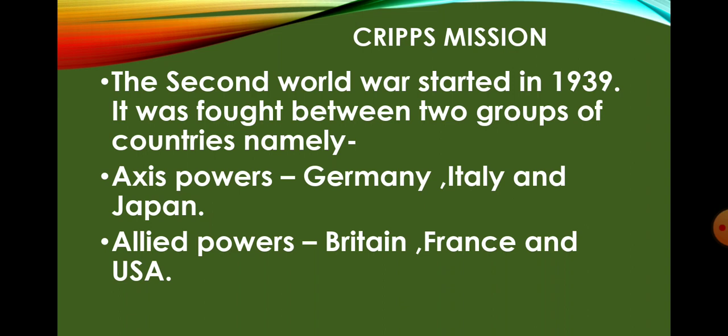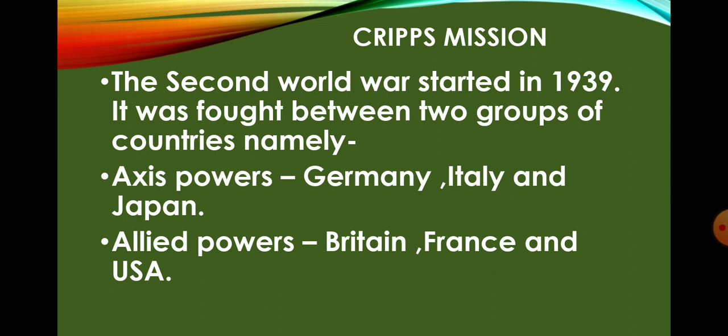The Quit India movement was started in 1942. By that time, the Second World War was going on. The Second World War started in the year 1939 and it came to an end in the year 1945.